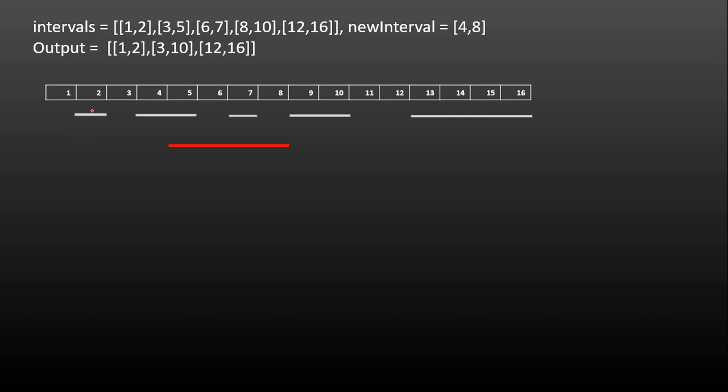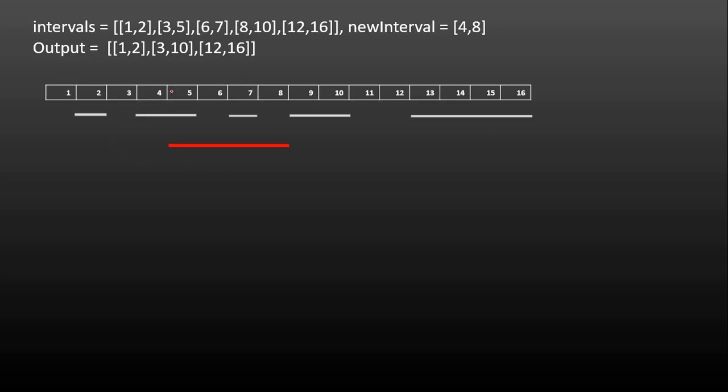array. Once that is done, whatever is the remaining range means that it is overlapping with my new interval. Of course there will be some range at the end that can be non-overlapping, so we can take care of that later on.